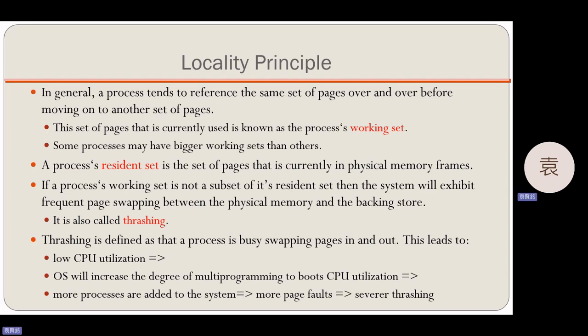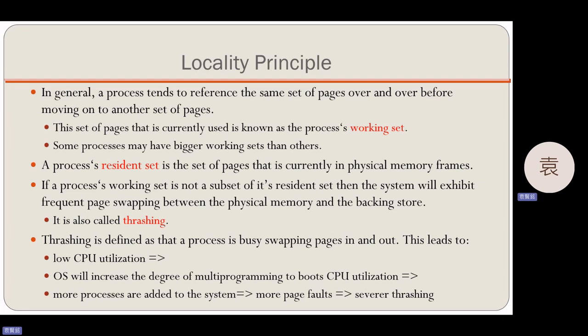To make a process run smoothly without too many page faults, not only do we need a good page replacement algorithm, we also need to assign a physical frame number larger than the minimum requirement set by the physical machines.